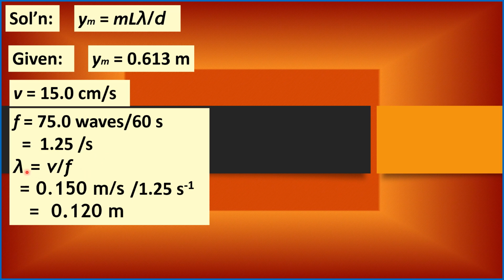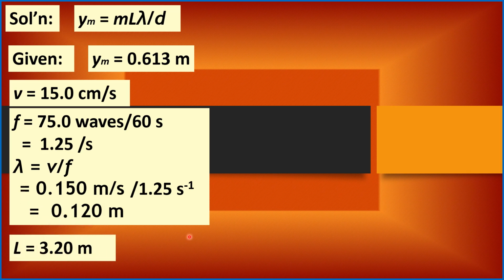So we use the simple formula for determining the wavelength, lambda equals speed divided by the frequency, or 0.150 meters per second. We just converted the speed from cm per second to meter per second. We divide that by the frequency, 1.25 per second, and we will get the wavelength, lambda, equals 0.120 meters.